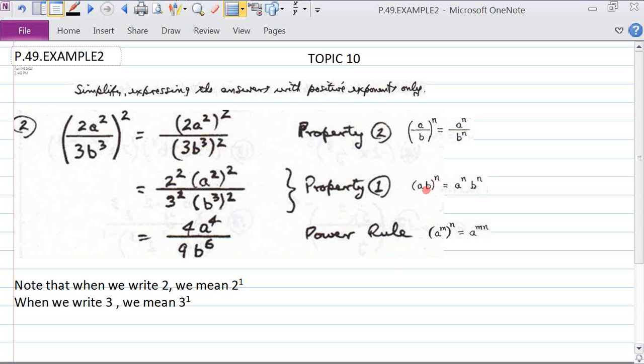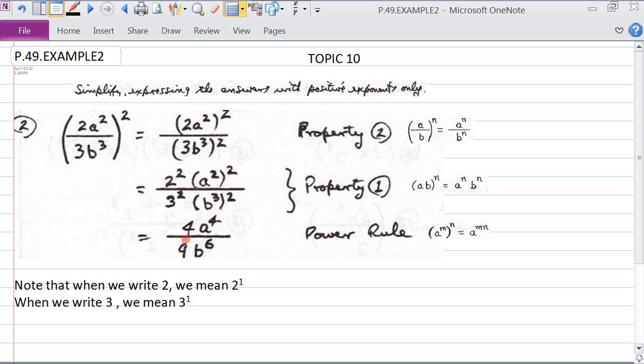And what we're doing in doing that is we're using property 1, ab to the nth power. Remember, there's a power 1 above the a, power 1 above the b, so we get a 1 times n, which is a to the n, and b 1 times n, which is b to the n. So now that we've got this, we're simply going to use the power rule on this part of the problem here and this part of the problem here.